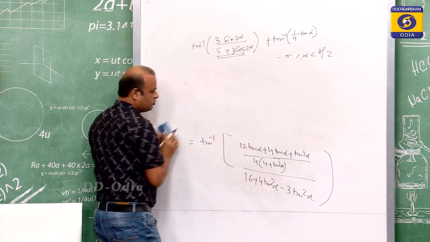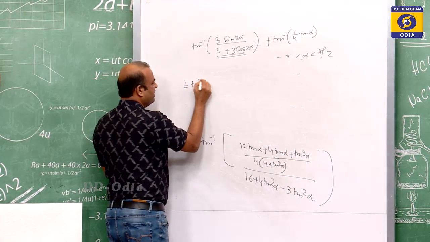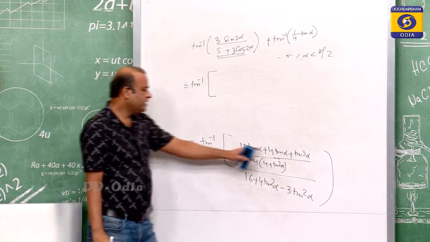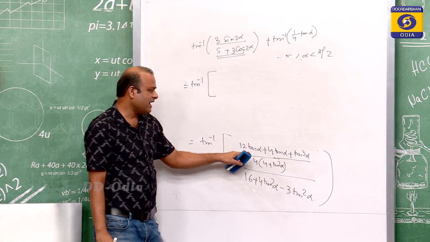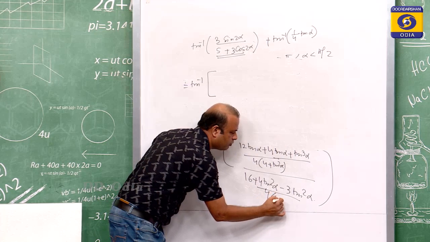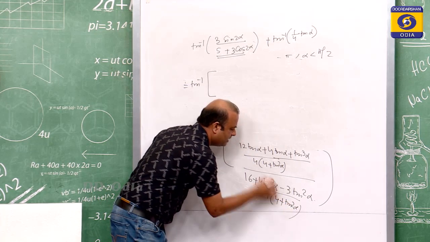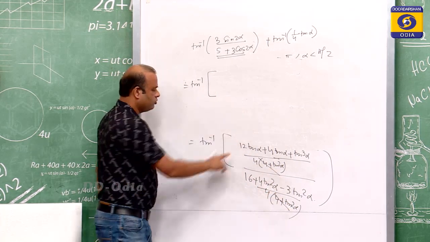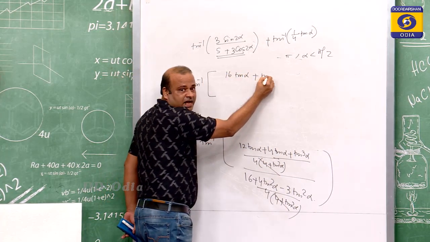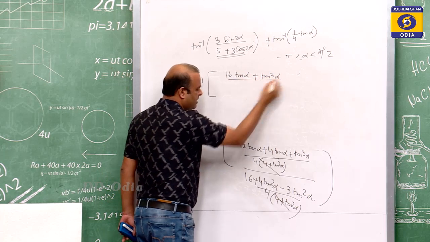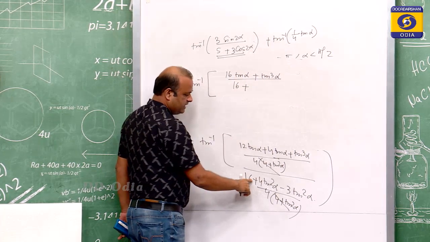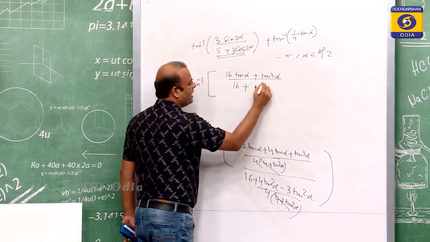After simplifying this, you will get tan inverse of 16 tan alpha plus tan cube alpha divided by 16 plus tan square alpha.